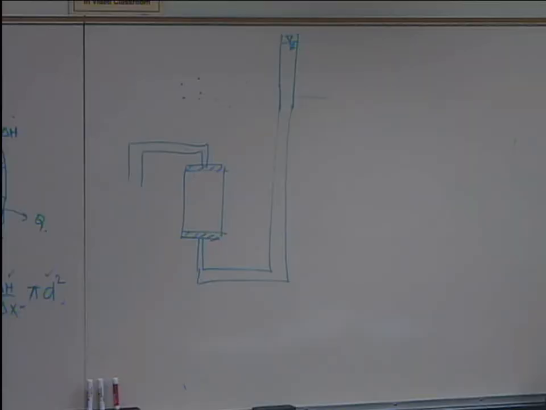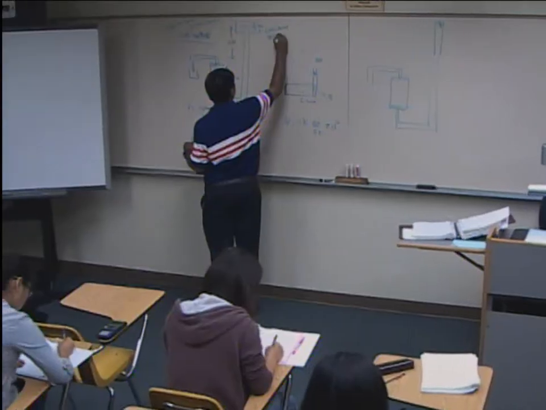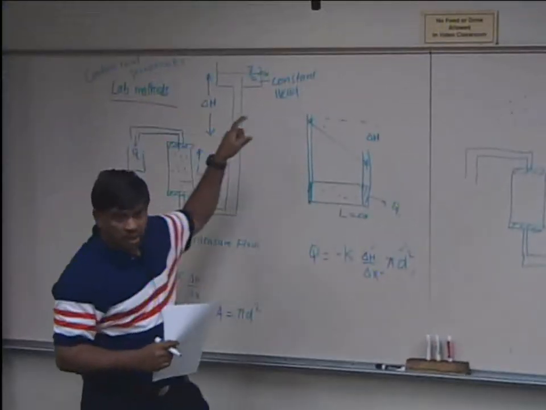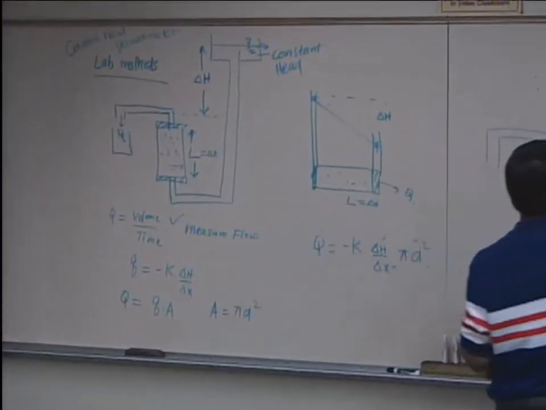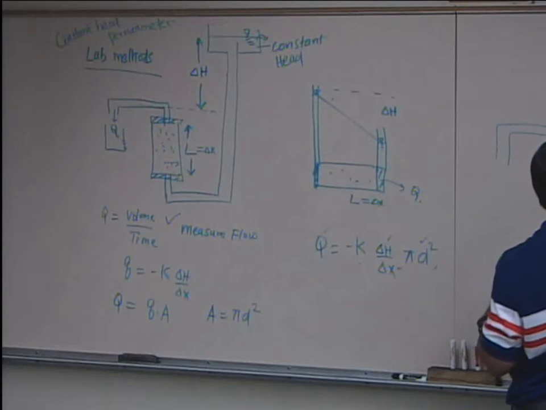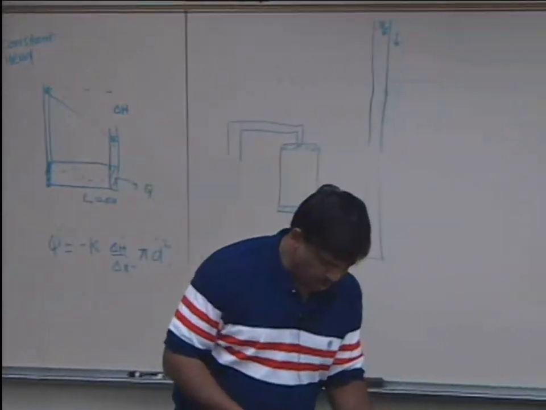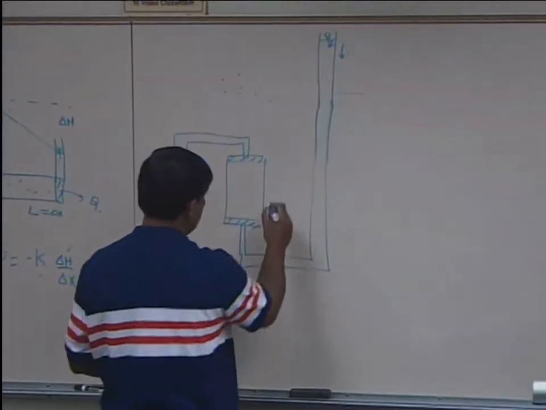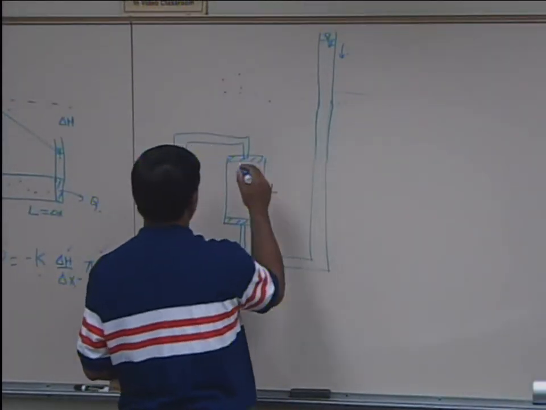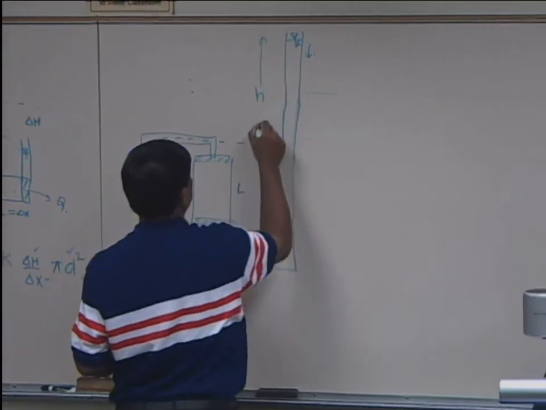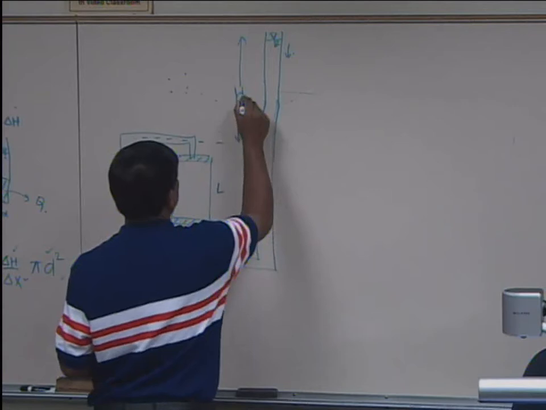This is a constant head actually. Okay, so this is a constant head. Okay. So this delta H is fixed. In this case, it's not a constant head. You allow this head to drop. Okay. And in fact, what you're going to do here is, so again, it's the same definition, L. The head is basically defined from here, or head.